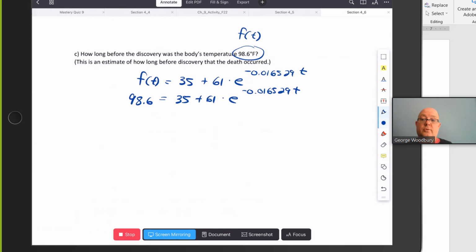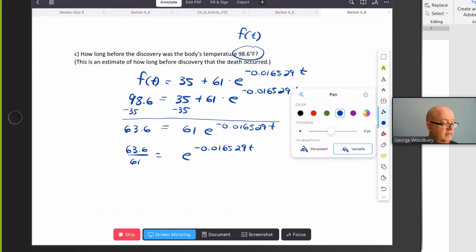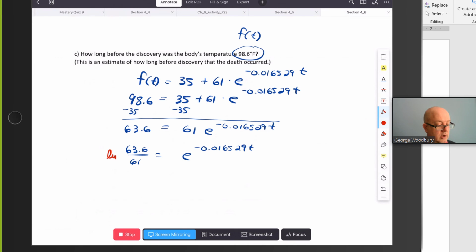First step, subtract over the 35. 63.6 equals 61 e to that power. Next, we need to isolate the exponential part, so divide over the 61. To get the variable out of the exponent, we'll need the natural logarithm of both sides. That will leave us with just the exponent on the right.